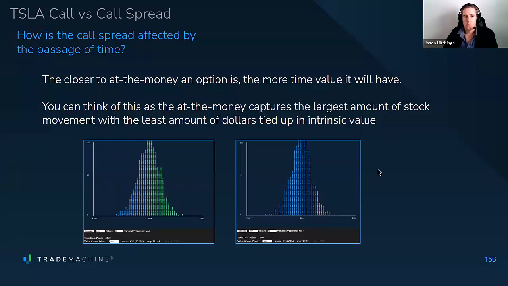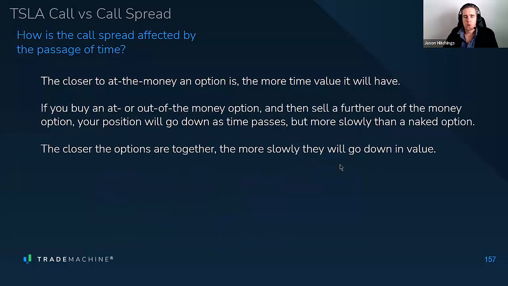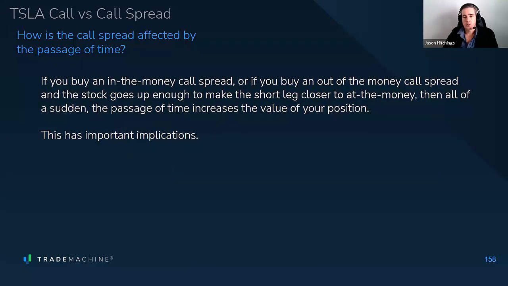So when you're long a call spread, if the option that you own is closer to the at-the-money option, then as time passes, your spread, your overall value of both positions, is going to go down. It's also going to go down slower than if you just had the naked option, but it's going to go down.